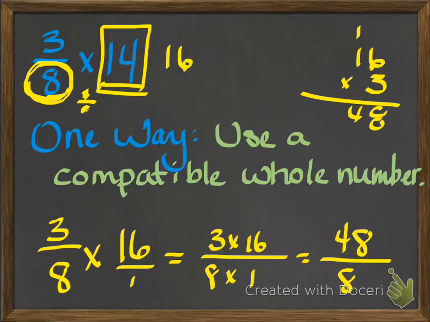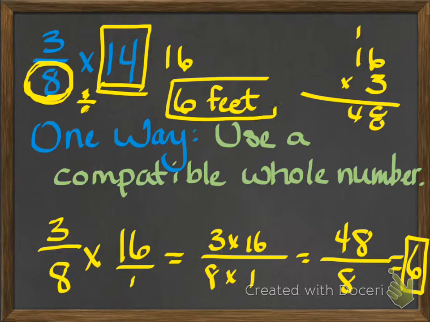Now I can do 48 divided by 8. See how easy that is to simplify? 48 divided by 8 is 6. So my estimated answer is 6 feet for all 14 postcards. So that's one way you can do it: just change the whole number to a compatible number that's easily divisible by the denominator.